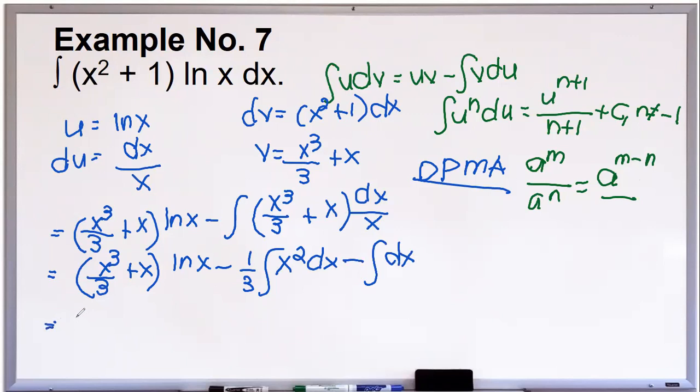So this is also equal to x cubed over 3 plus x, then ln of x, minus 1/3 times x cubed over 3, or that's equal to 1 over 9 x cubed. Then minus x, then plus c.